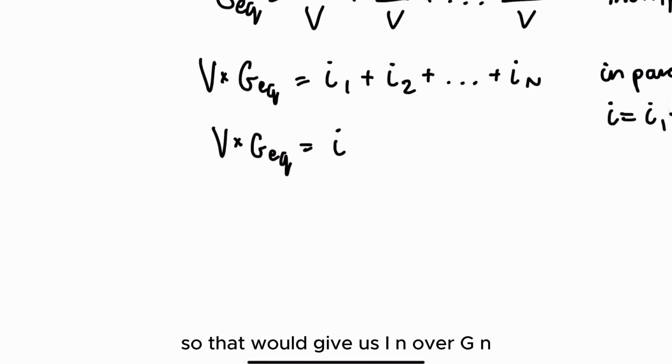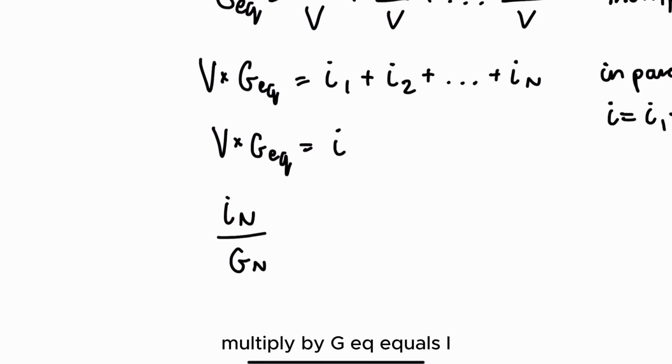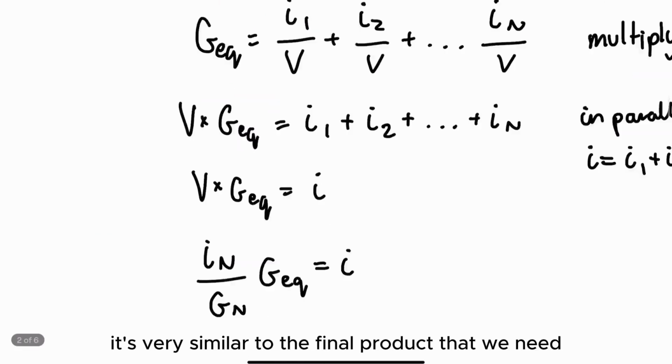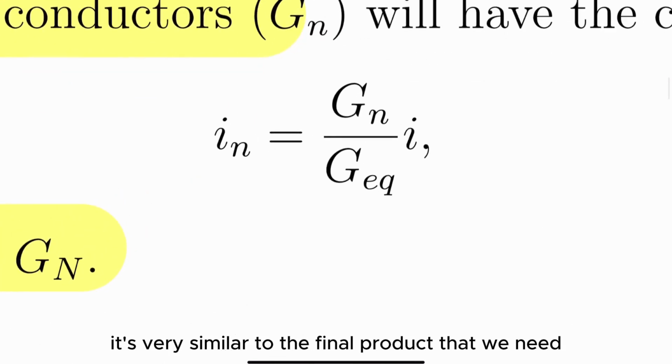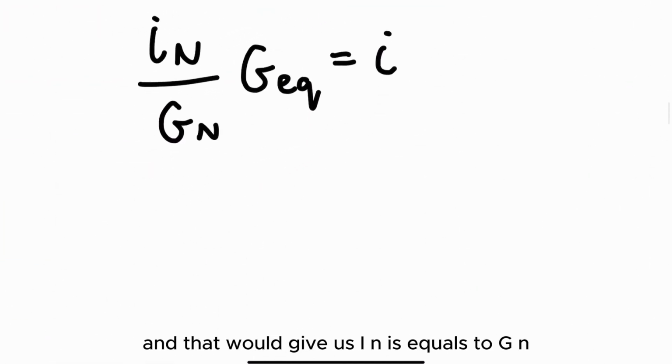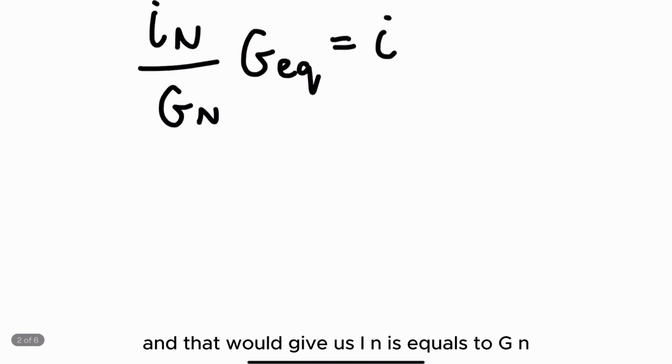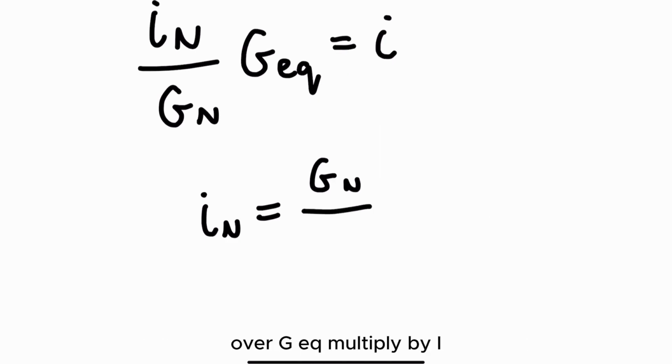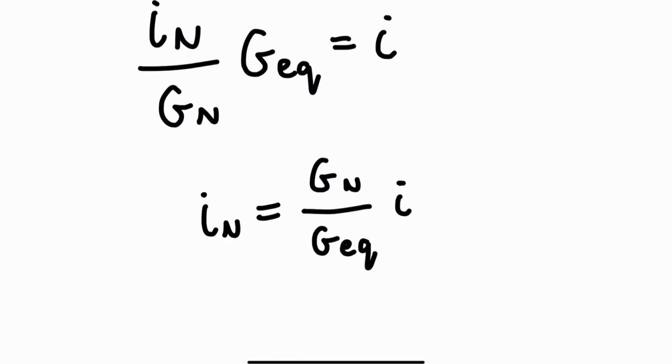That would give us In over Gn multiplied by Geq equals I. And now it's very similar to the final product that we need. So let's rearrange that, and that would give us In equals Gn over Geq multiplied by I. And that is the final answer.